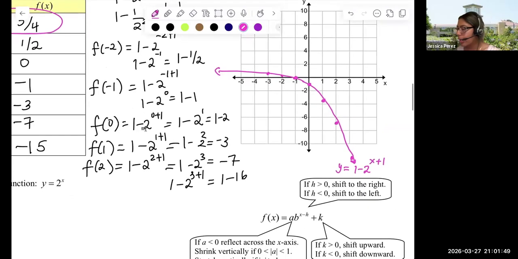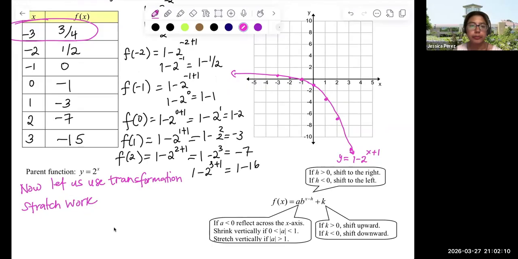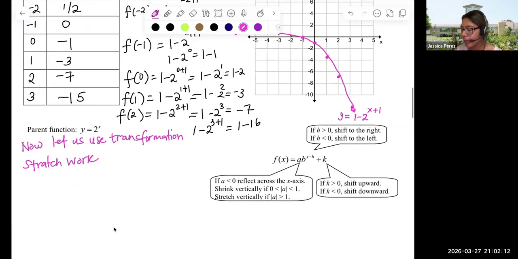Another way you can look at it is using transformations. So now let us use transformations. And we begin with the parent function. So I'm going to use scratch work here. Within that scratch work, I began with graphing y equal 2 to the x.